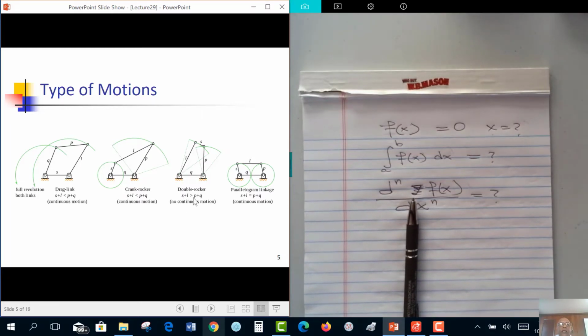So here S plus L is greater than P plus Q. So this one rocks as well. So not full revolutions. And finally here S plus L is equal to P plus Q. So both of them rotate in the shape of a parallelogram. So they always form a parallelogram. So that again we have a continuous motion.